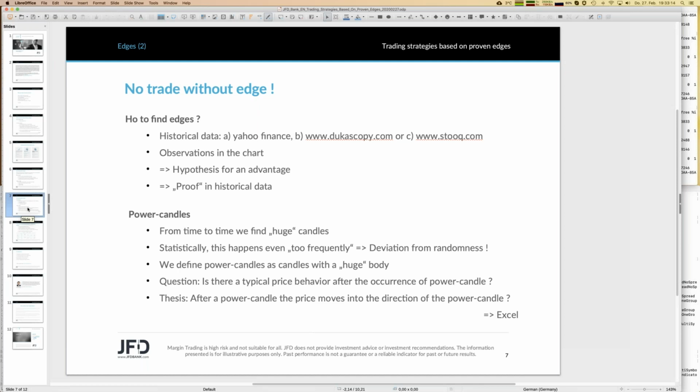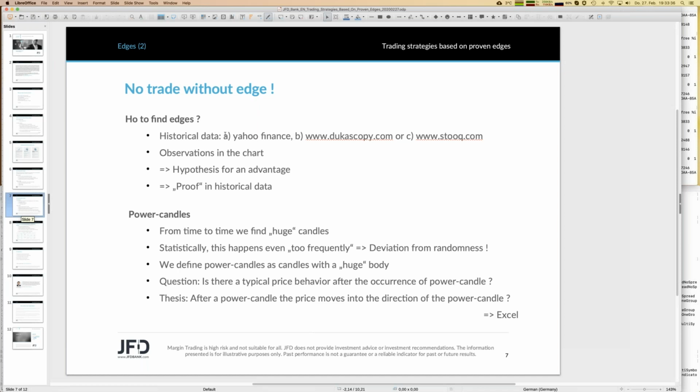Now we can do that kind of investigation in historical price data. We start with a hypothesis for that advantage, and then we do an investigation, a proof in the historical data. And if we don't find that edge, if we don't find that proof, we should not trade that idea.